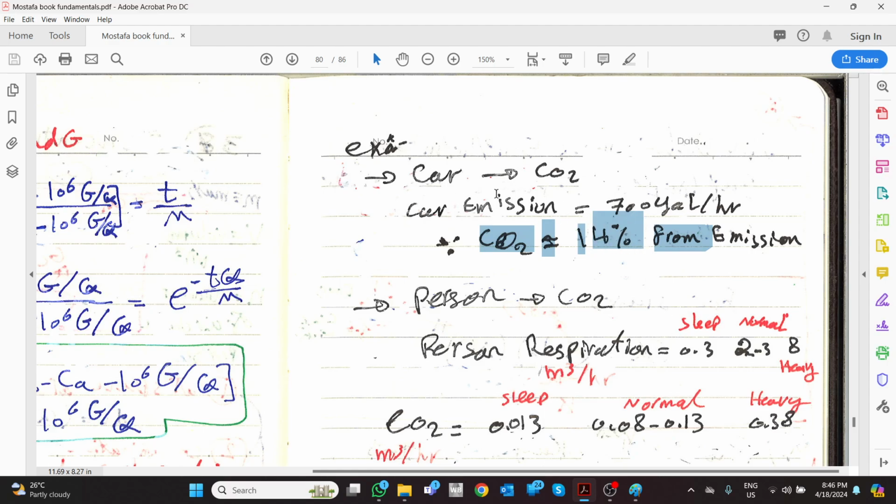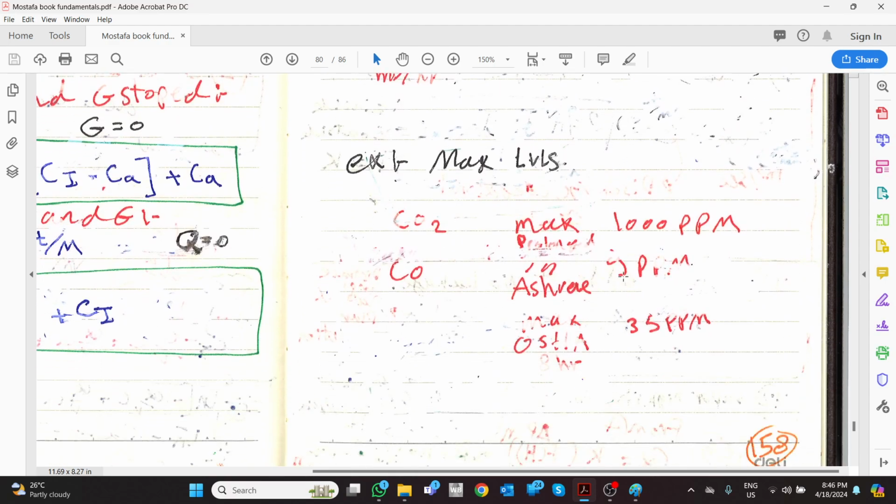In case of an exhaust, or a hall or multi-purpose room. Also, points which you need to know: CO2 maximum is 1000 ppm, and CO maximum as per ASHRAE is 9 ppm, and it will be lethal at 35.